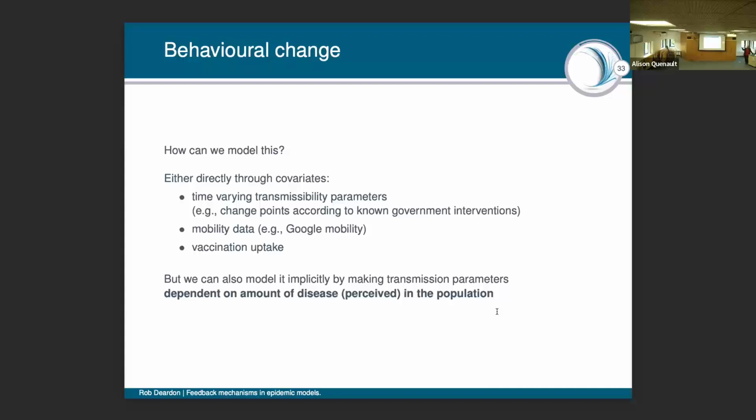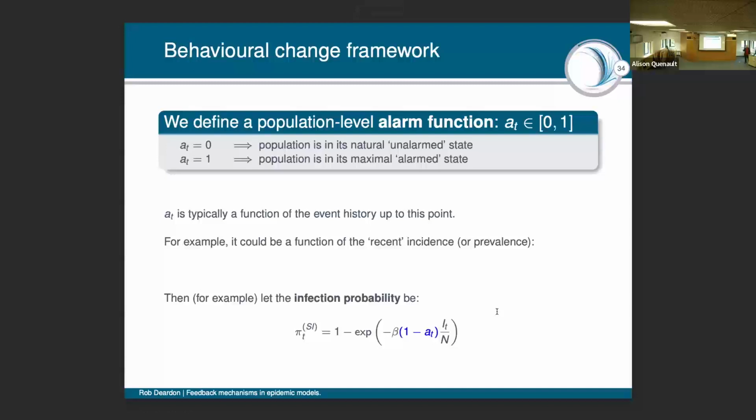So some function, say, of the incidence or the prevalence, so that when the disease level goes up, the transmission rate goes down. Okay? And people have done this, but mainly in the mathematical biology literature. I haven't found very much of it in the statistical literature, except a few sort of disease-specific examples.